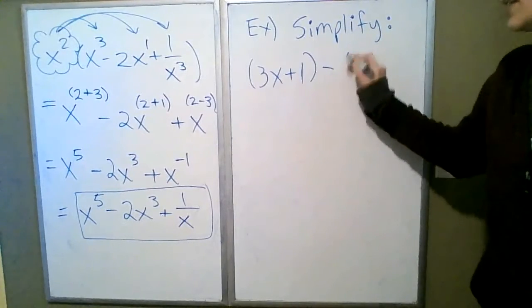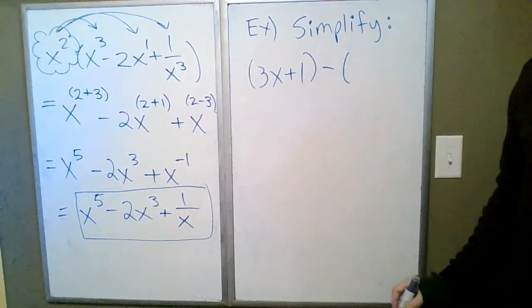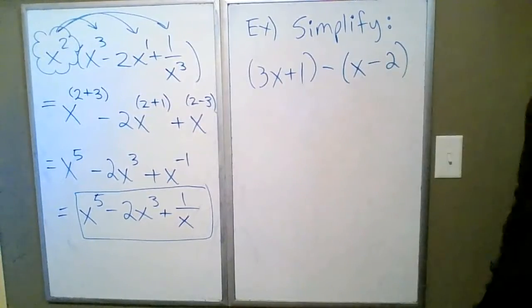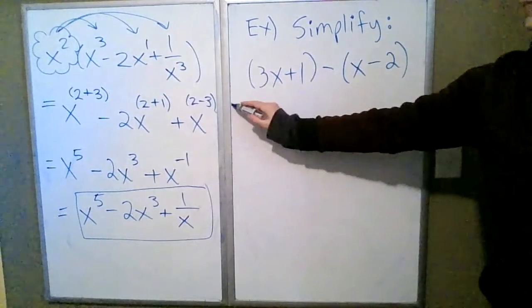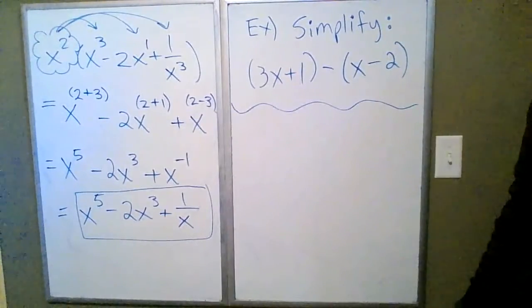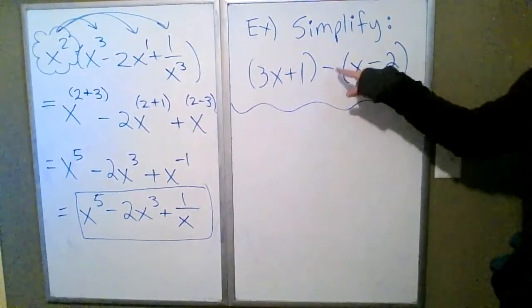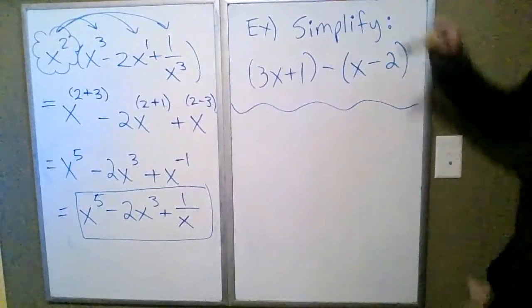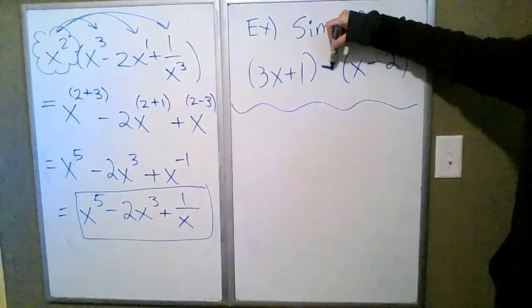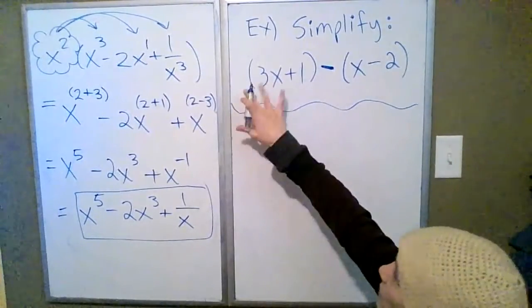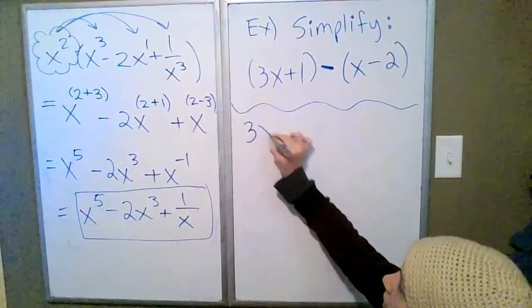And let's subtract x minus 2. Okay, so what we need to do is distribute the negative sign to the two terms in that second polynomial. And also just drop those parentheses.